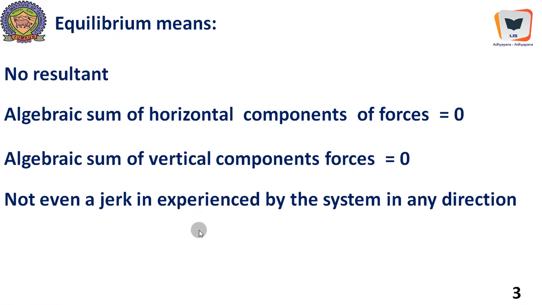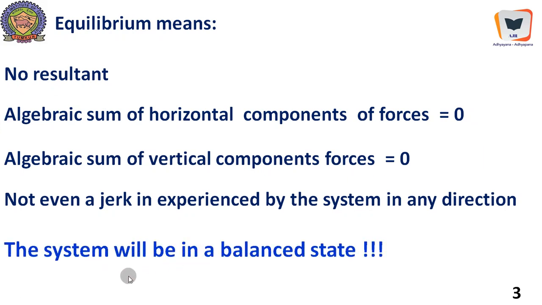Not even a jerk is experienced by the system in any direction, either horizontal or vertical. The system will be in a balanced state of affairs. So here equilibrium would mean a kind of balance achieved by the system which is acted on by the active forces and the reactive forces, the resultant and the equilibriant.